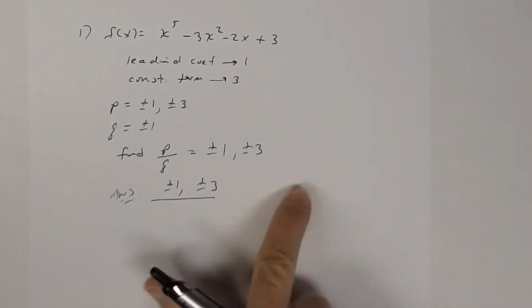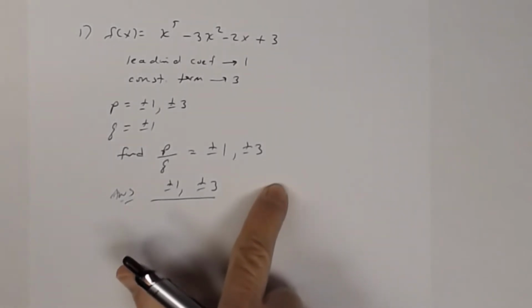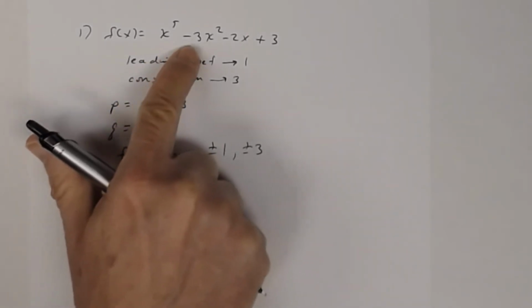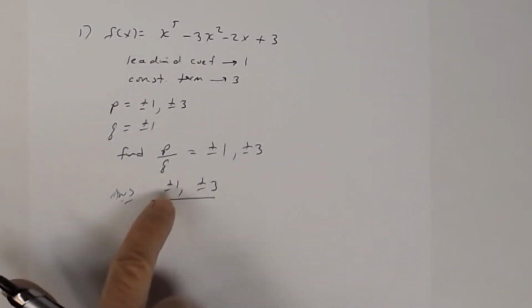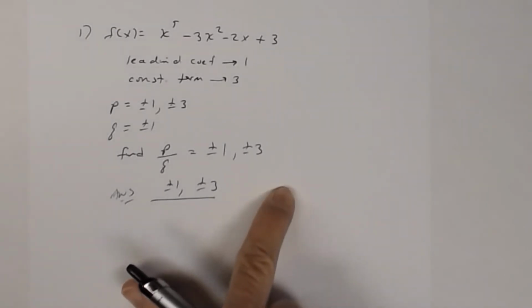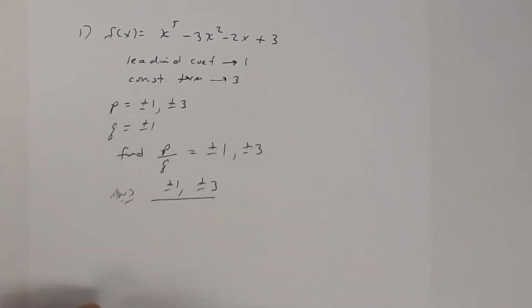So 5 is not a possible rational zero for this, because 5 is not listed. 7 is not going to be a zero for this function, because 7 is not listed. Negative 2 is not going to be a zero of this function, because negative 2 is not listed.